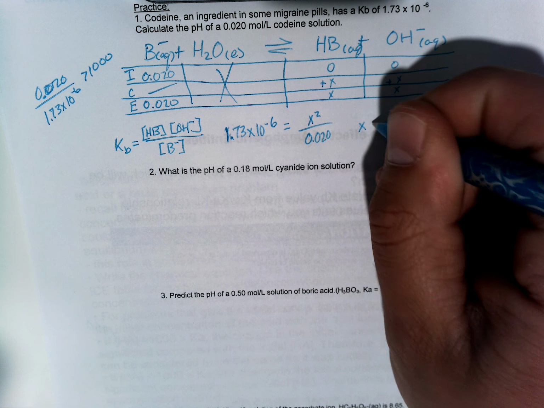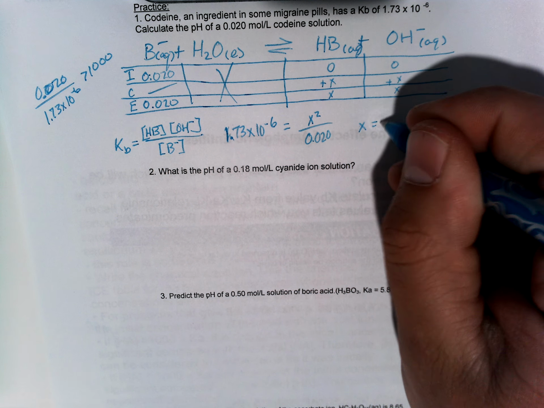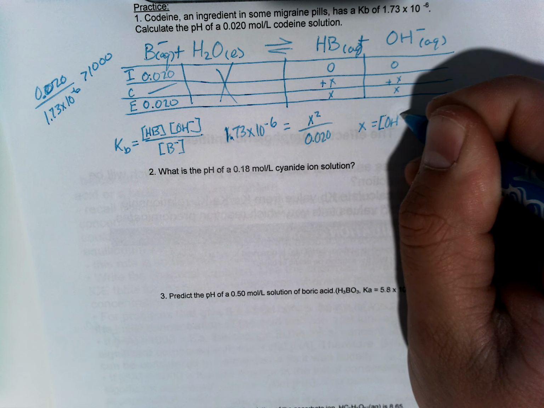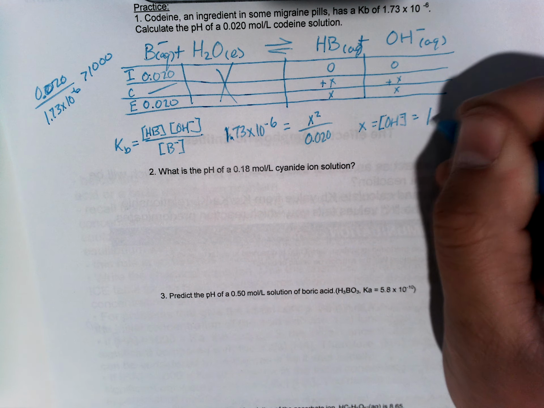So we'll rearrange. So x is going to equal the square root of 1.73 times 10 to the minus 6 times 0.020. I'm just going to put those numbers in. Then you got concentration of x, which is equal to my concentration of hydroxide, 1.86 times 10 to the negative 4.